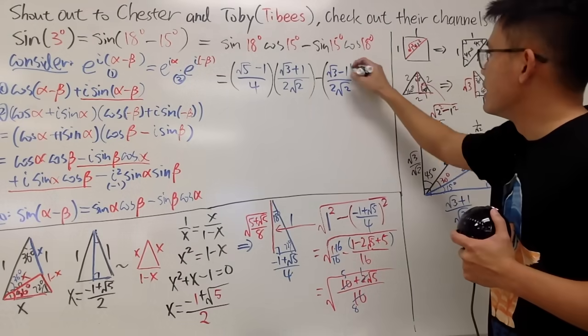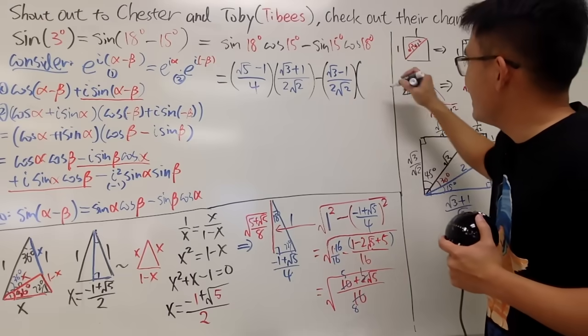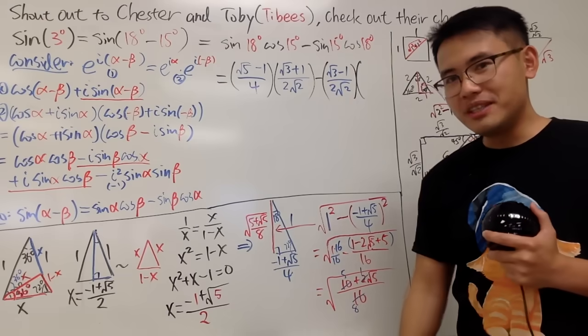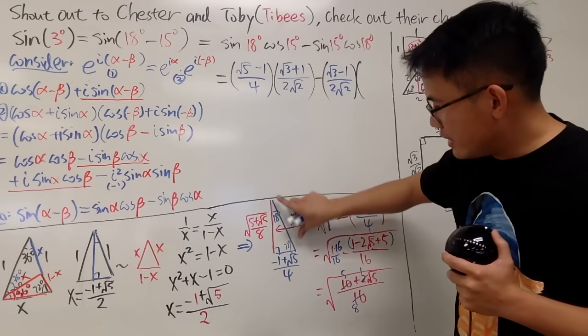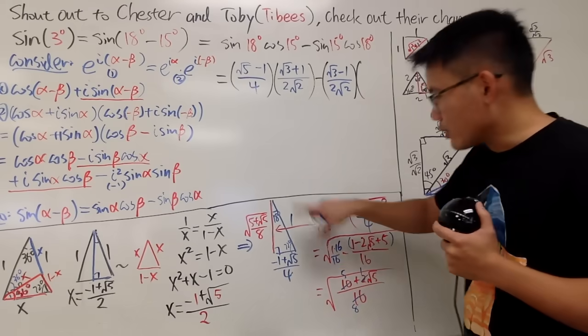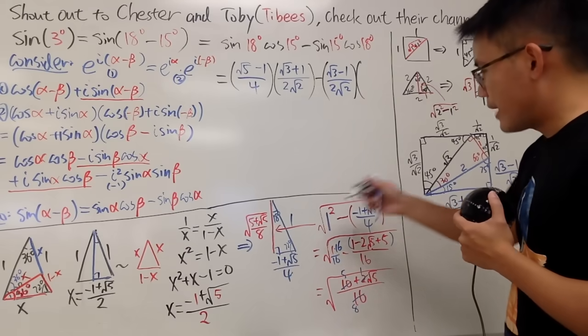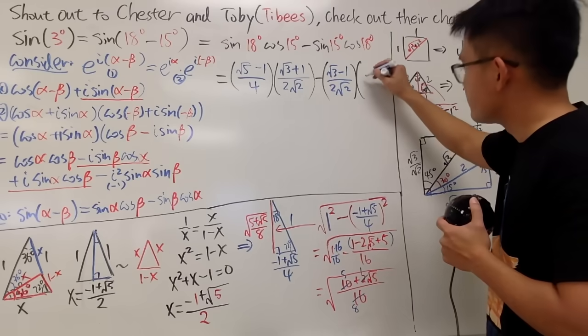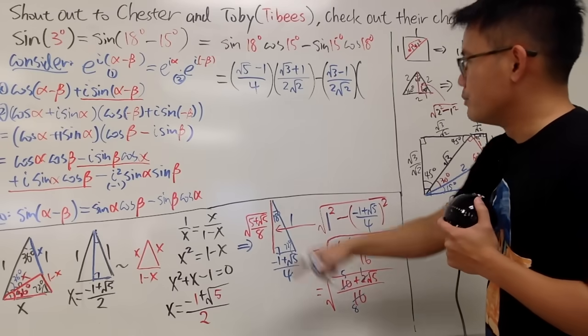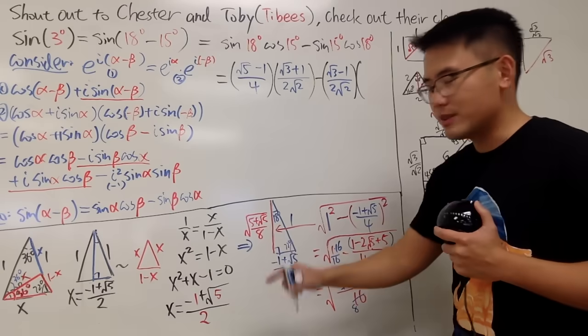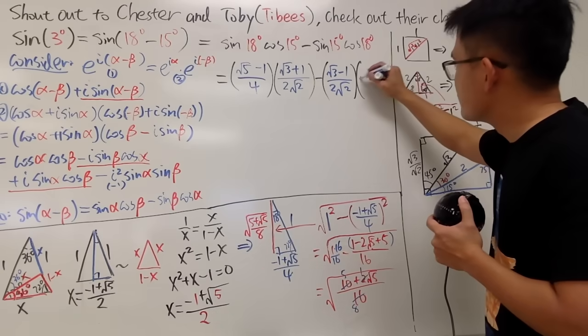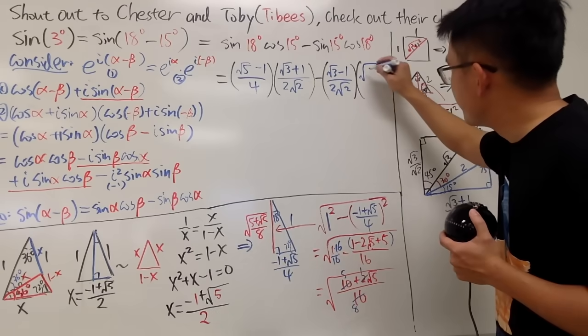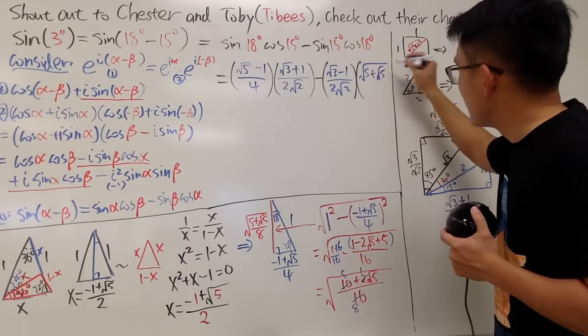And lastly, cosine of 18 degrees. Cosine of 18 degrees is adjacent from here divided by the hypotenuse, which is just 1, which is just this number. So I will put this down also in blue, why not? This is slightly more bizarre, so I will simplify this in our head. Okay, so let's do this together. On the top, we have square root of 5 plus square root of 5, so that's okay.